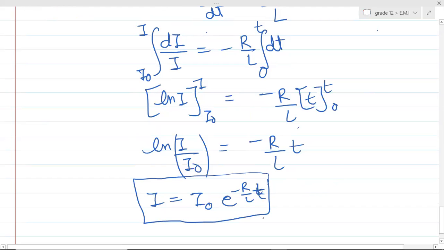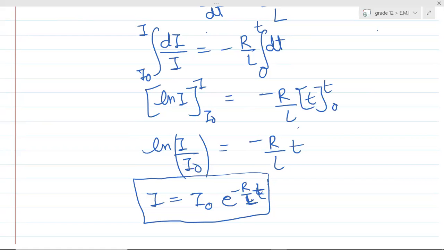Same thing. Can you see everything is similar? Because I told you, nature is symmetric. Electromagnetism was very symmetric. That's why electricity and magnetism were merged together under electromagnetism. So this is how your current is decaying.